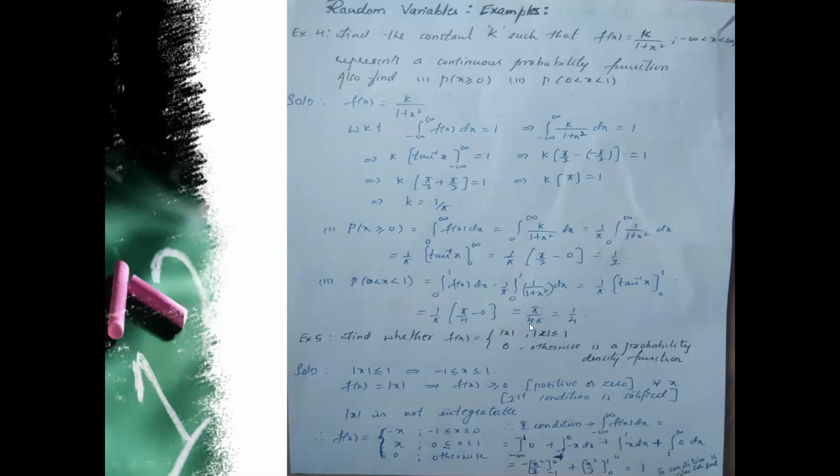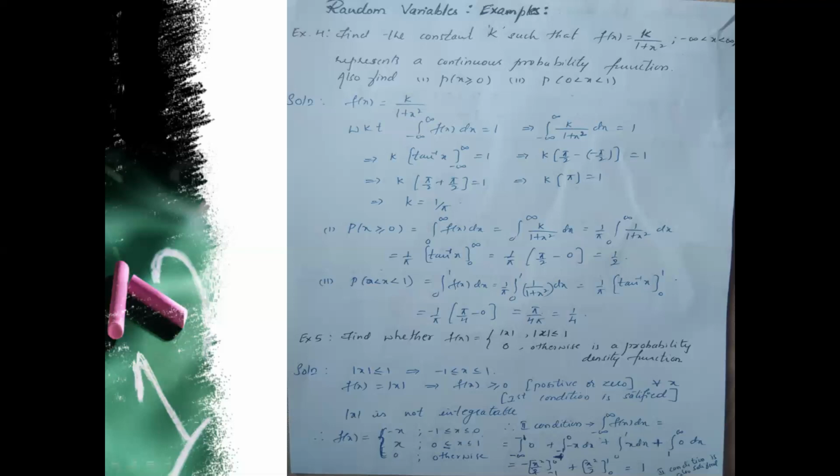The condition mod x less than or equal to 1 tells that the value of x lies between minus 1 to plus 1. Now in this interval minus 1 to 1, we have to define what the function is. It is mod x, but it is not integrable. So what we do is we'll rewrite the function. It will be minus x in the range minus 1 to 0, plus x in the range 0 to 1, and 0 for other values.